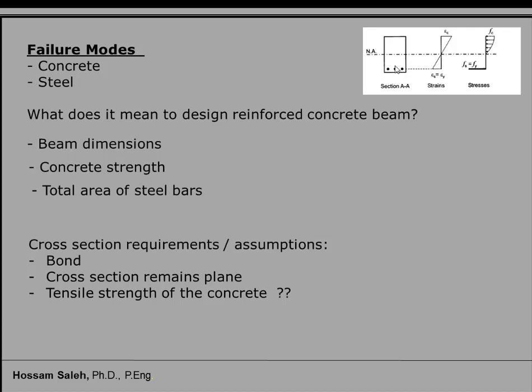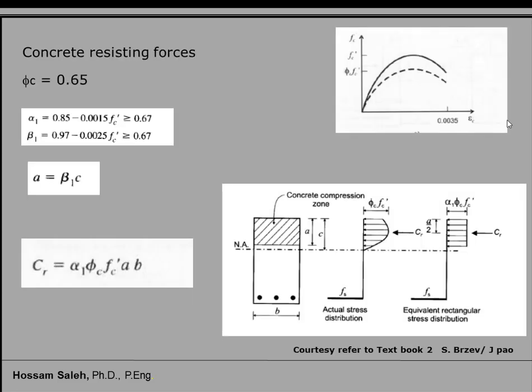There is no relative movement for the steel inside the concrete. Number 2, the cross section remains plane. That means the strain in this member is equal to the strain in this member is equal to the strain in this member, because the cross section remains plane. And we ignore the tensile strength of the concrete, so the tensile force will be resisted only by the steel force.